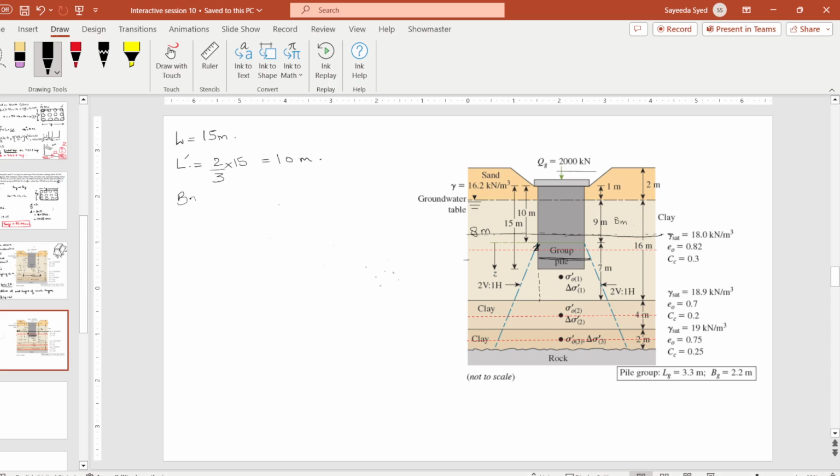So from here, if we take 10 meters, from here it will be 9 meters. And from top, the middle will be at 8 meters. Yes, that's correct.